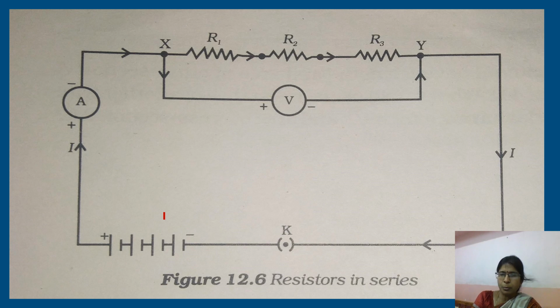And these points are connected through a plug key to the battery. And this battery is connected through an ammeter to the other point, the end X. So in this way, even this circuit is connected in series. Hence, it is a series circuit.